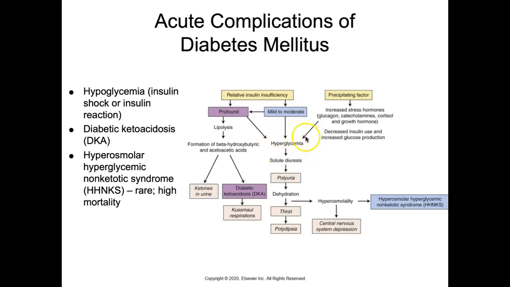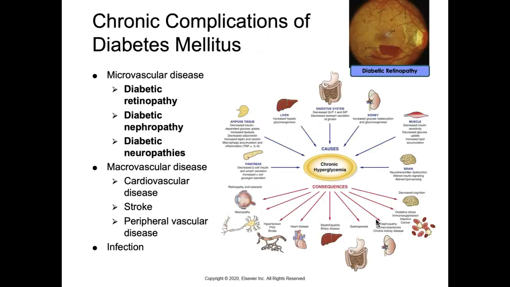But due to the hyperglycemia, we go through the route of having polyuria as well as polydipsia, causing a hyperosmolality, and the central nervous system becomes depressed. And so to manage this condition, we would want to include having lots of fluids, taking insulin, and having electrolyte replacement.